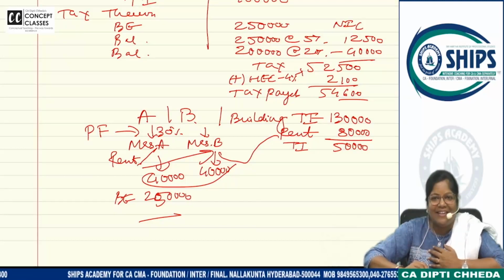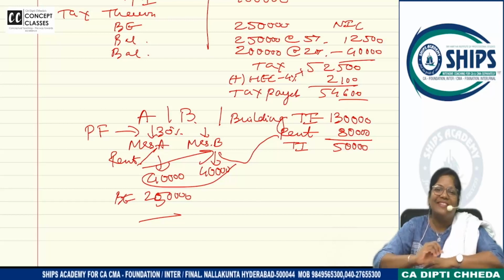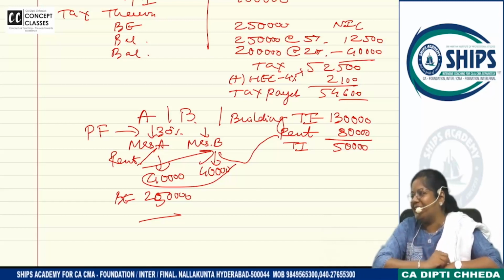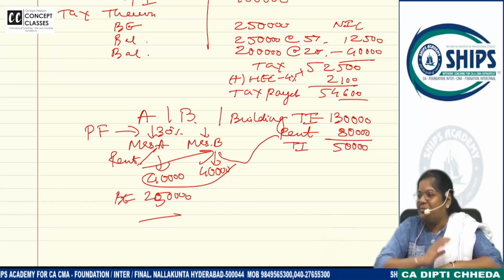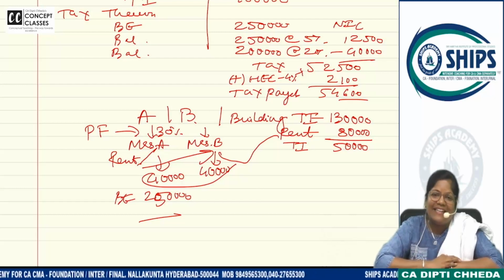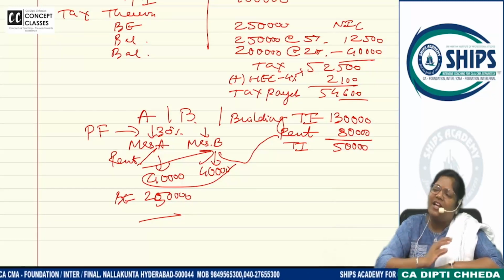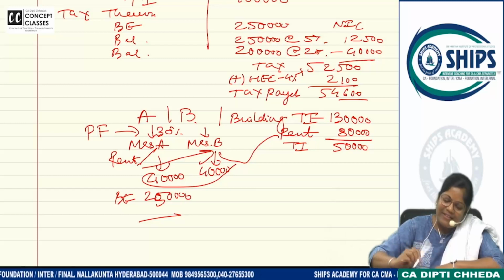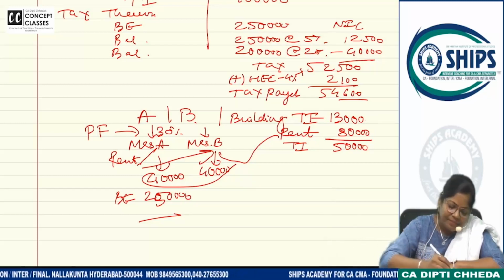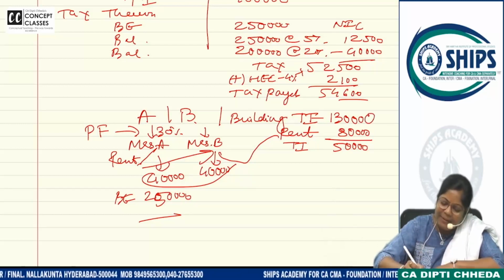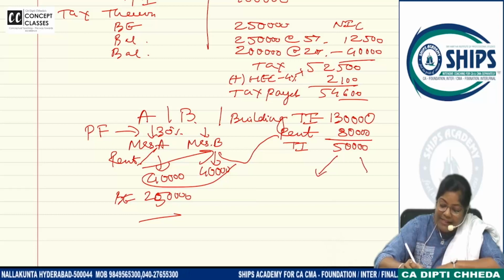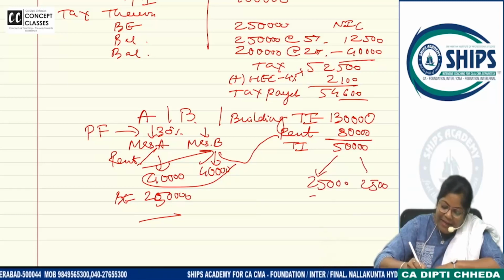I am getting rental income from my husband's firm. Seriously, he is doing partnership business, and both of the wives are getting the rental income. Now, earlier the partner would directly get 130 profit. But now partners will get only 25,000 profit, and the remaining 40,000 will come to their wives.